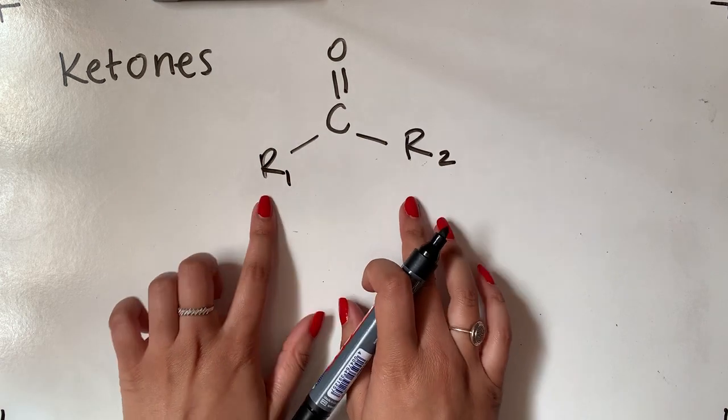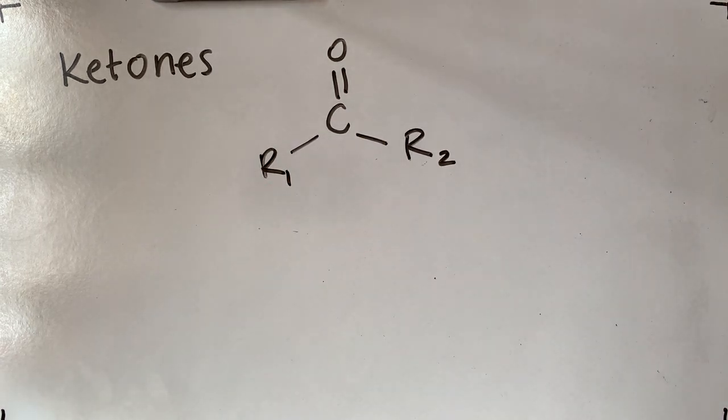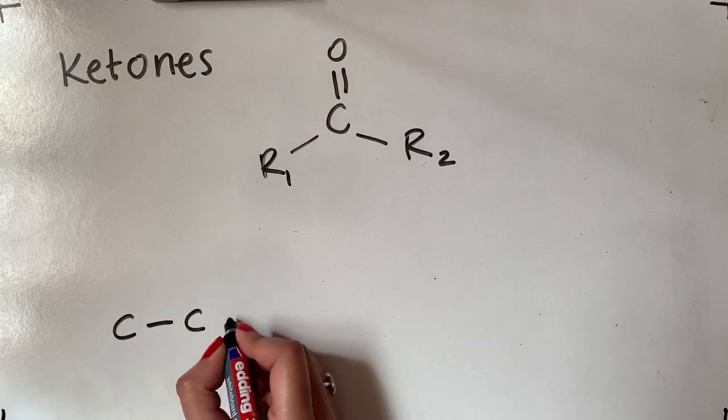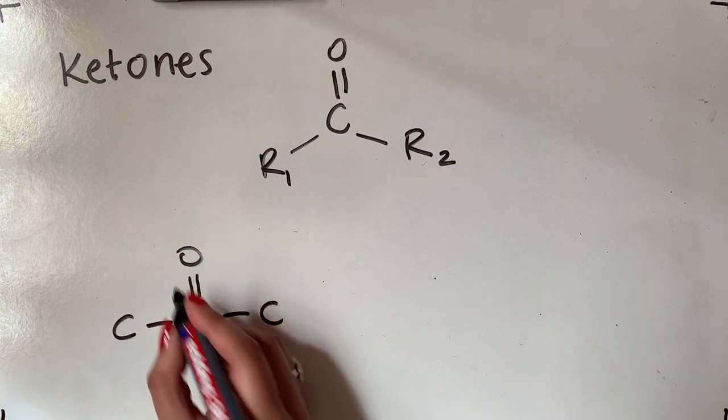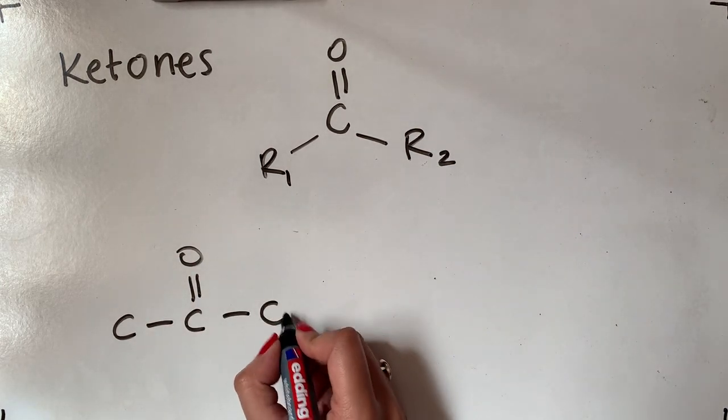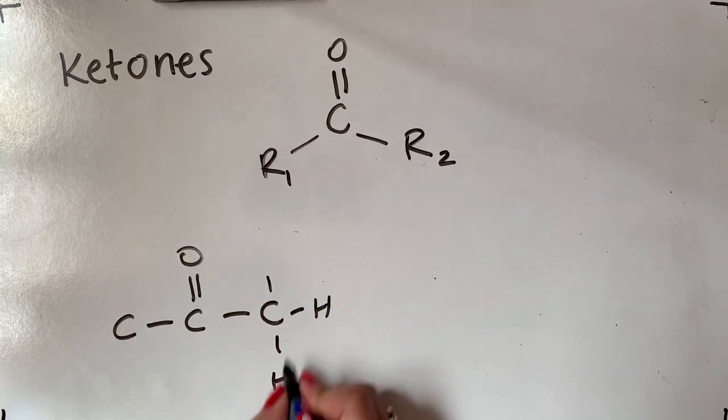Those R groups can represent anything as long as they are not hydrogens. Okay, so let's have a look at our simplest ketone. It's where on either side of the carbonyl group we just have a methyl group, like so.